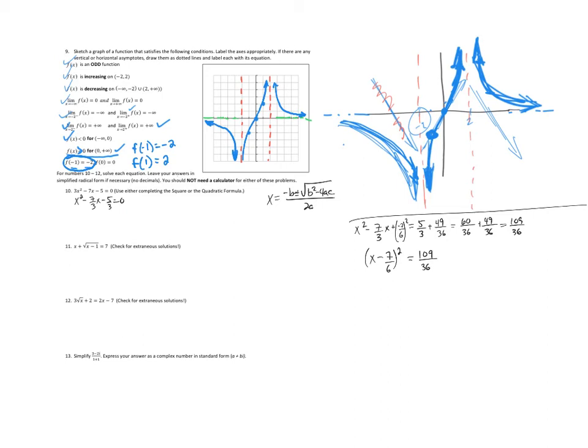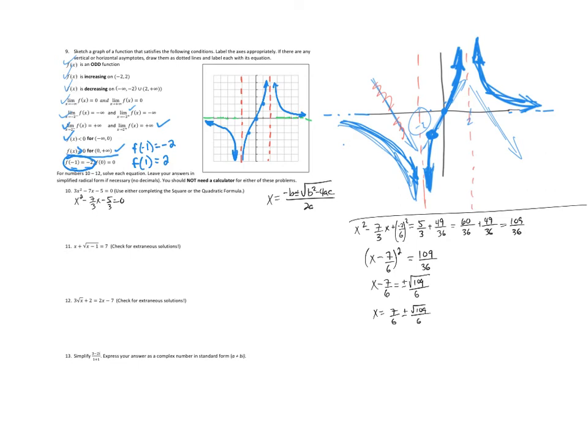And then I just need to take square roots of both sides and get x minus 7/6 is equal to plus or minus the square root of 109 over the square root of 36, which is 6, and then just add the 7/6 over and get x equals positive 7/6 plus or minus the square root of 109 over 6.